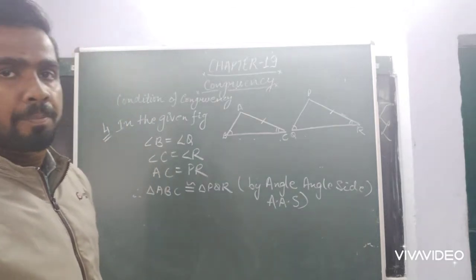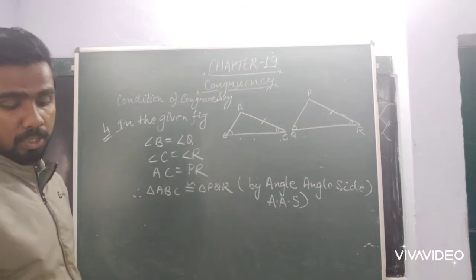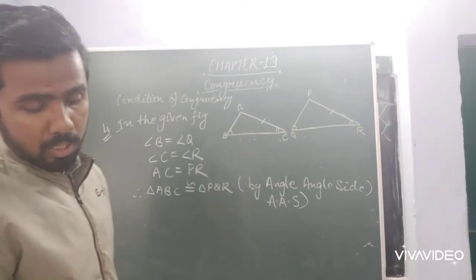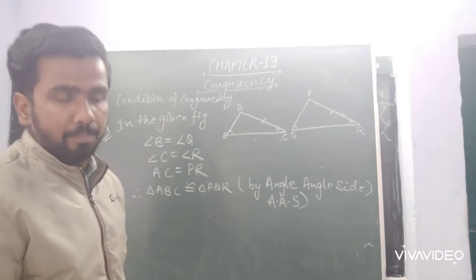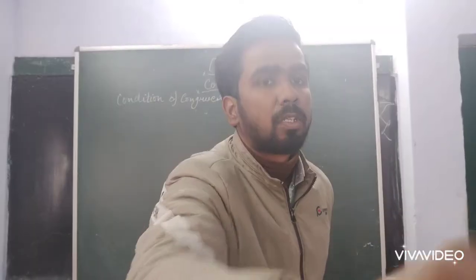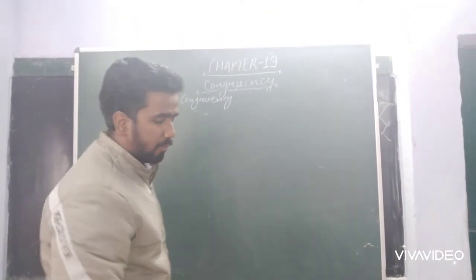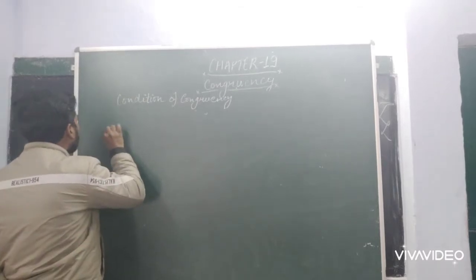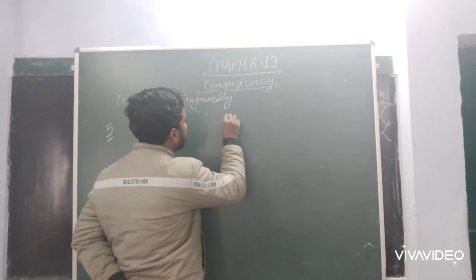Okay, look at the board. Then we are moving on to our last condition, which is right angle hypotenuse side. So our last condition is the fifth one. Let's draw the figure first.